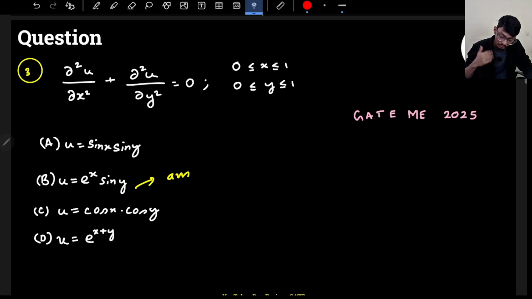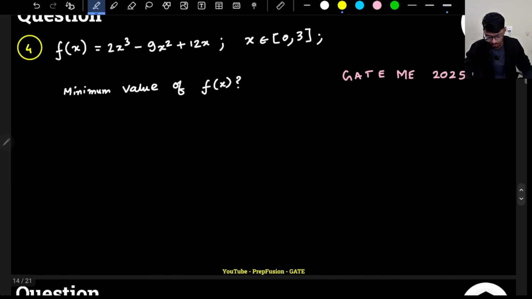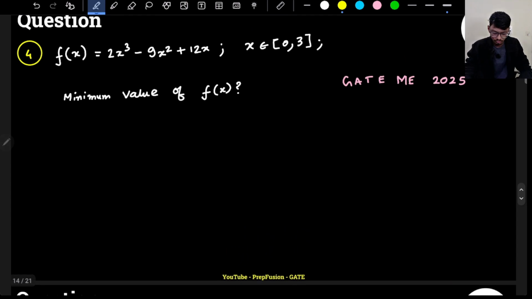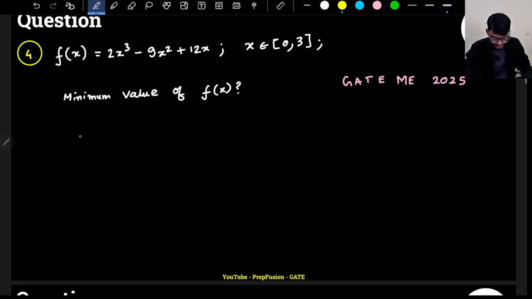The next question is pretty good. You have to find the minimum value of f of x in this range. To find the minimum value, simply differentiate this function. f dash of x will be 6x square minus 18x plus 12.